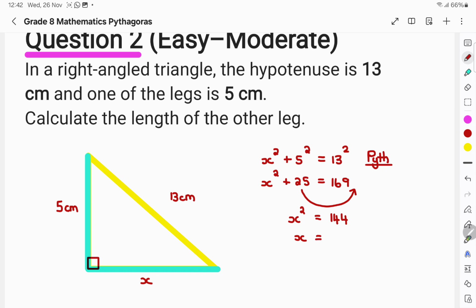And then the square root of both of those gives you that x is 12. And then just always double check to see if your answer was right. Just make sure that your hypotenuse stays the biggest number. So if you got over here x is 15, then you know I've done something wrong, because one of the legs can't be longer than the hypotenuse.